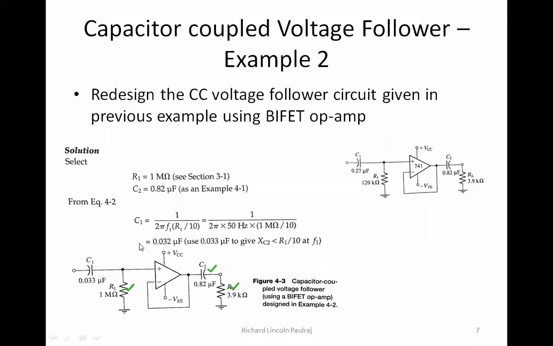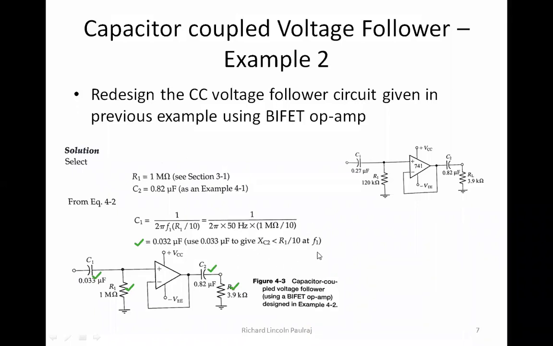So this value is also fine. So we'll just put in the same value here. 0.032. See here, we're using a little higher value. Instead of 0.032, I'm using 0.033, so that XC2 will be less than R1 divided by 10 at F1. So we are using this condition here.